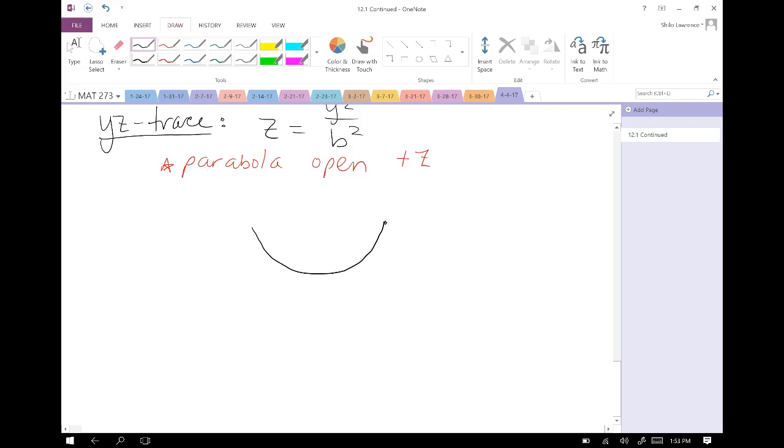So there's my upwards parabola flat against the board. That would be like the seat of the saddle that you sit on. In the XZ trace, which is cutting into the board, there is another parabola that opens down. And that is the piece that would go over the horse's back.